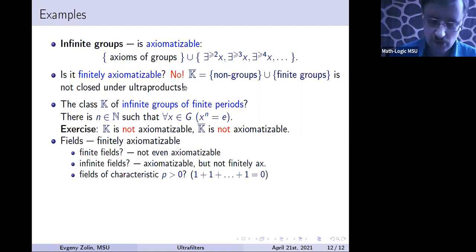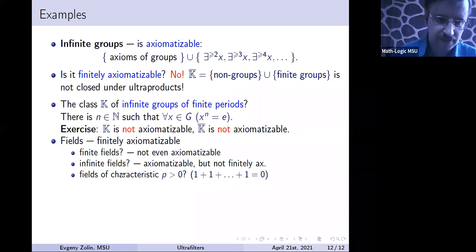For fields, we also have another property, the characteristic: the smallest number p such that 1 plus 1 plus 1 and so on, p times, equals 0. For example, the field Zp, where p is a prime number, is a field of characteristic p.